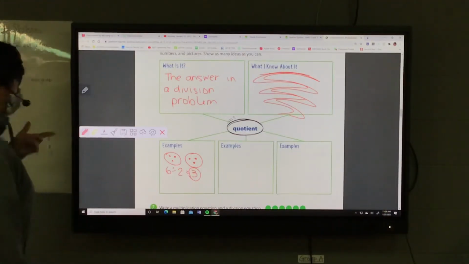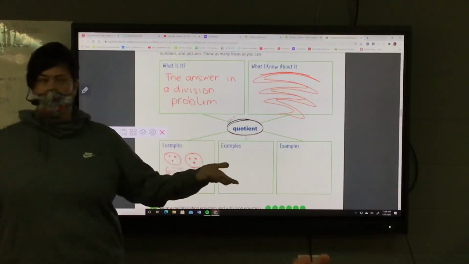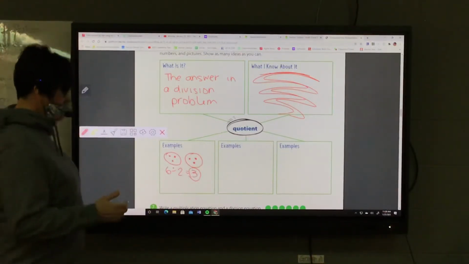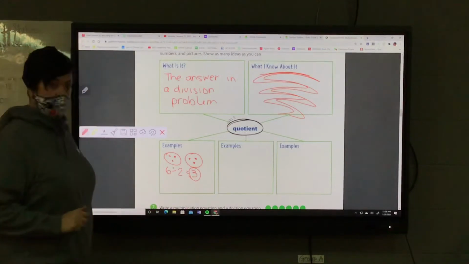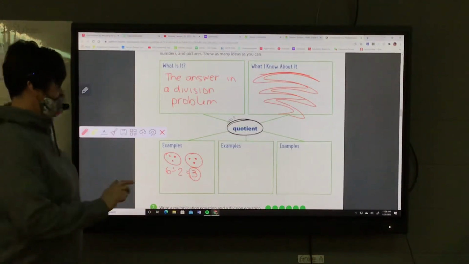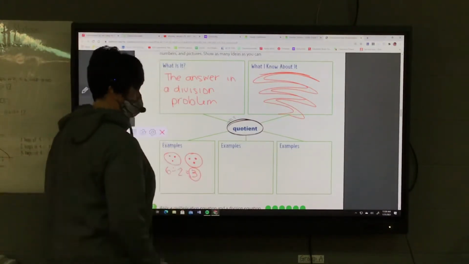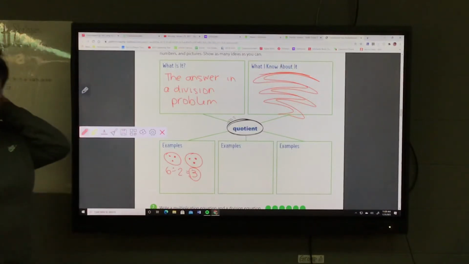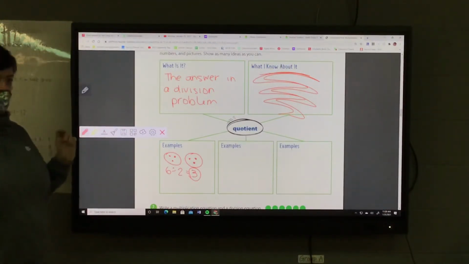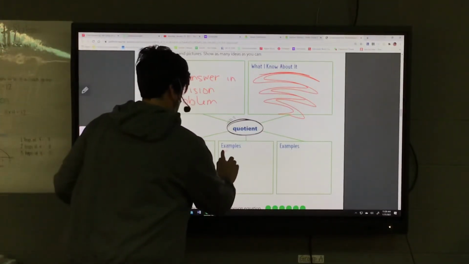Another example for this. Who can give us an example? Jenny. Natalia. Okay, 5 equal groups.